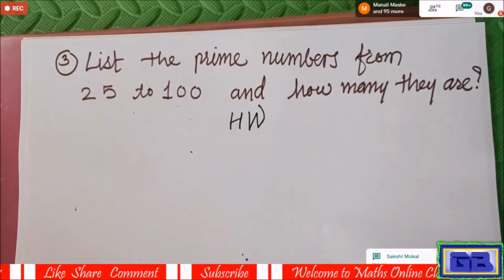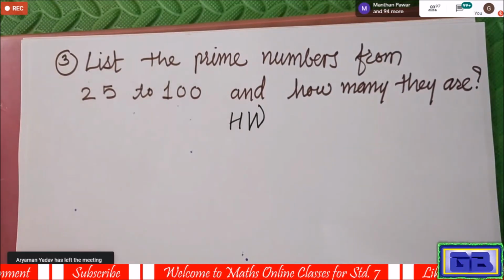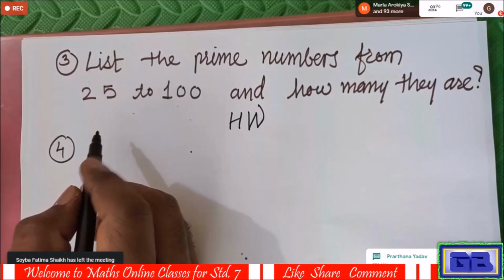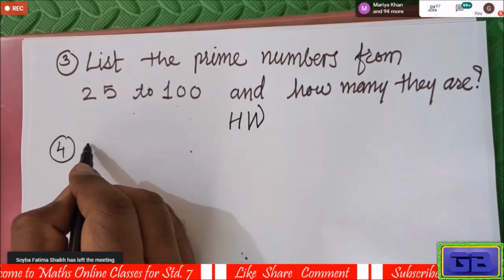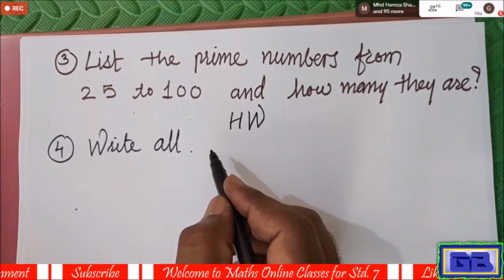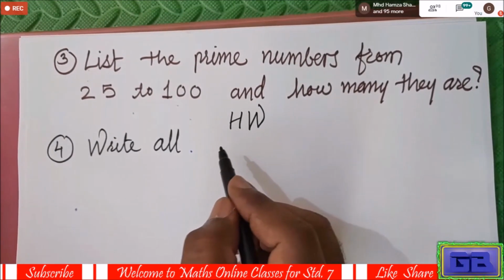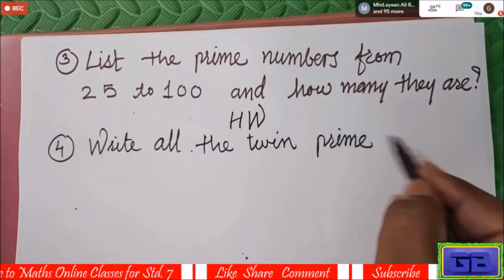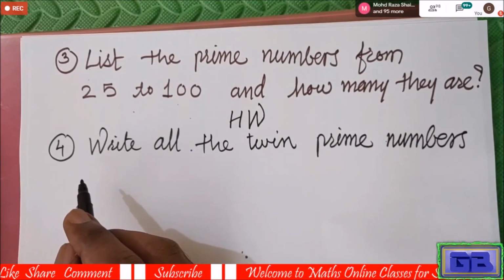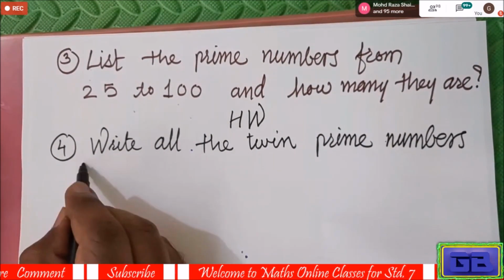Now write down question number 4. Write all the twin prime numbers from 51 to 100.